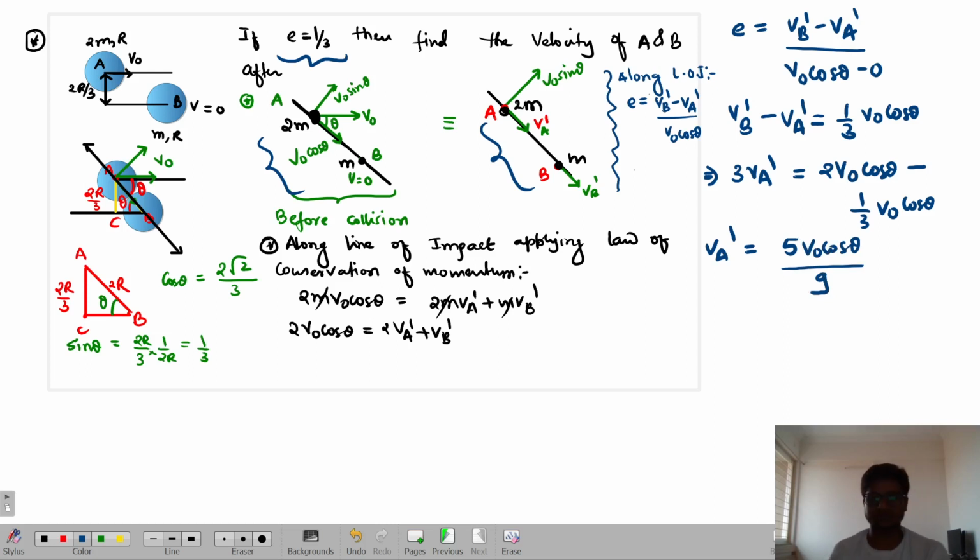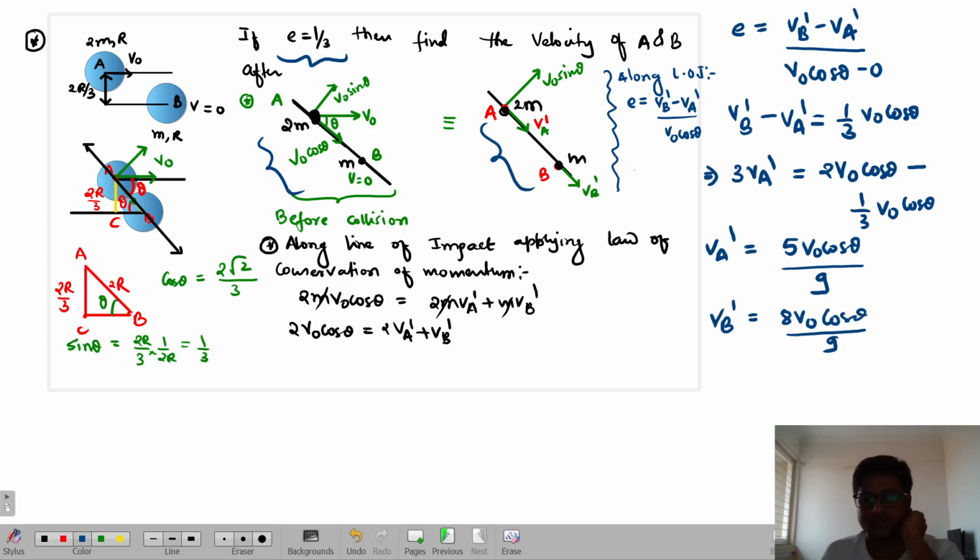Is that clear? And similarly, VB dash, if you put this over there, it is 8 V naught cos theta divided by 9. Are you able to get me?